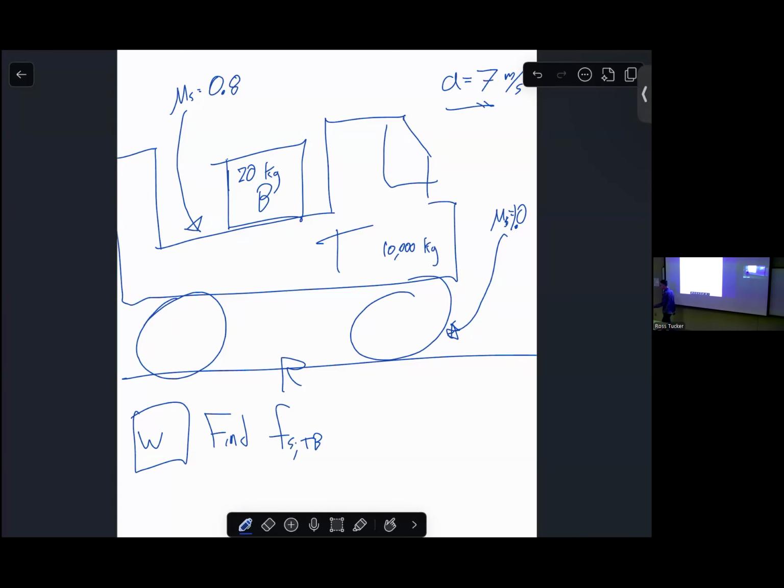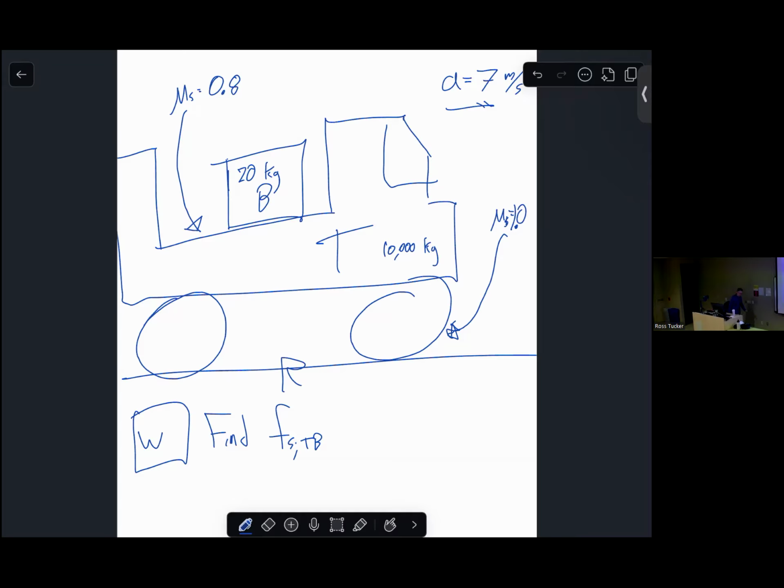Okay, let's see if we got any more correct answers here. Meters per second, this is not a speed.